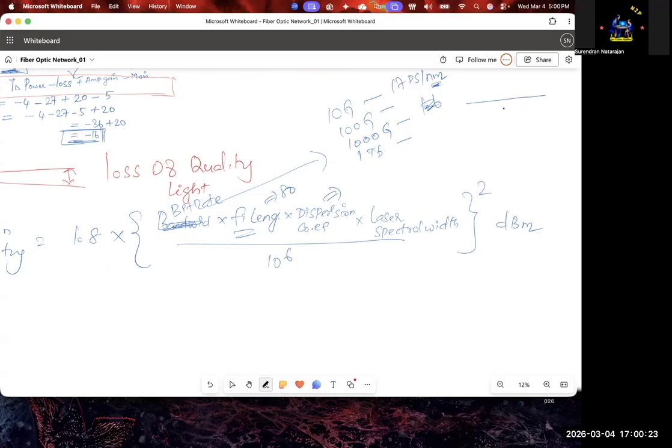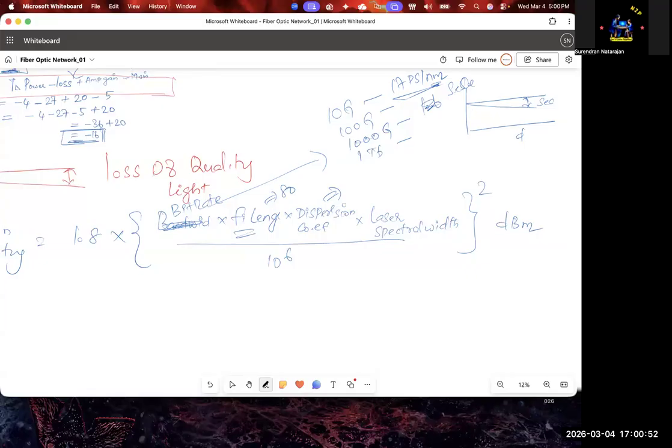If it is traveling over the distance, how much is it deviating? This is measured in terms of seconds. So that is why they gave this value. For every 1 nanometer it travels, it broadens by 17 picoseconds. You got it? Even that much small, minute deviation they are capturing.